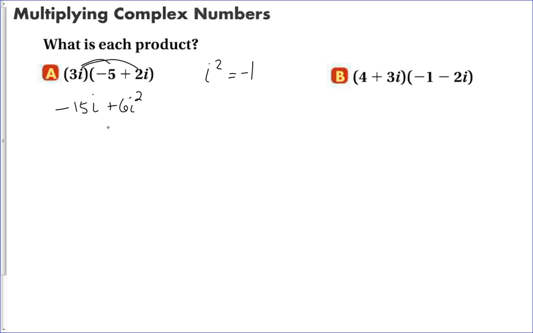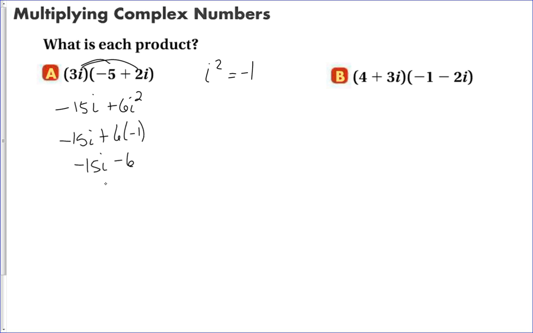All right, so since we know I squared equals negative 1, we need to simplify this down a little bit. So we're going to have negative 15i plus 6 times negative 1. So I took the I squared, since I know it equals negative 1, and replaced it with negative 1. So now, 6 times negative 1 is negative 6. So negative 15i minus 6.